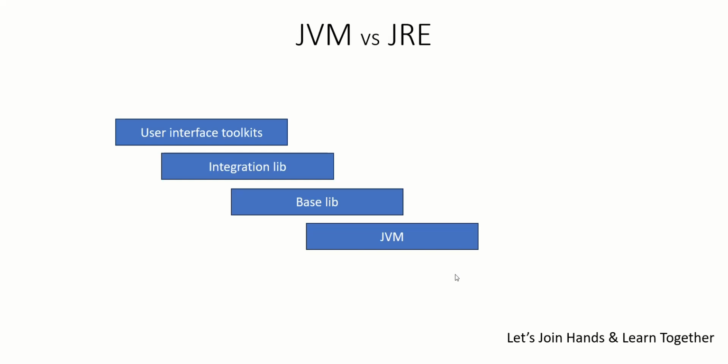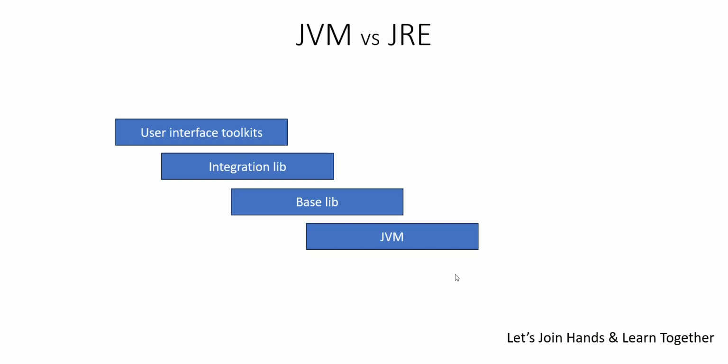Output meaning whatever needs to be executed. If you have System.out.println hello world, then it will print hello world. That is what the JVM does. For that, JRE supports it with the other libraries, the user interface toolkits and other things required, which are also present in JRE.